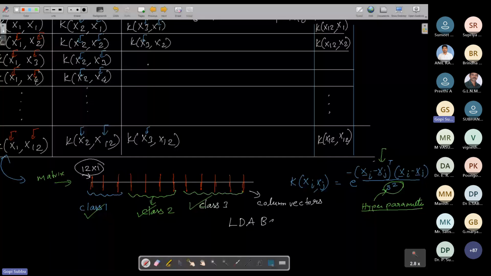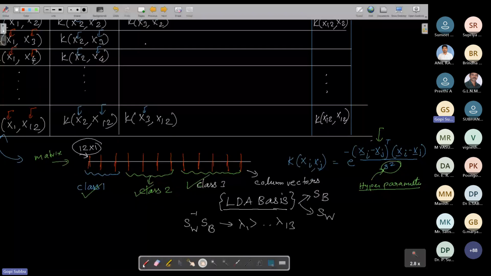We know how to compute the LDA basis, so I'm not going to discuss it again. You know the procedure, right? We need to find the between class scatter matrix, the within class scatter matrix, and then the eigenvectors corresponding to SW inverse SB. We need to find these eigenvalues, right? In this case you get 13, because the vector size is not 13, 12, I'm sorry, the vector size is 12. So your covariance matrix is of size 12 cross 12, so you get 12 eigenvalues.